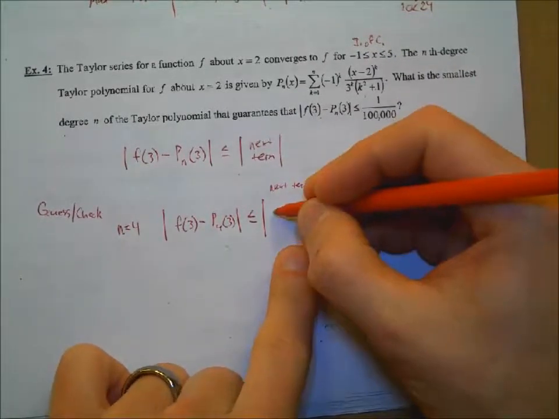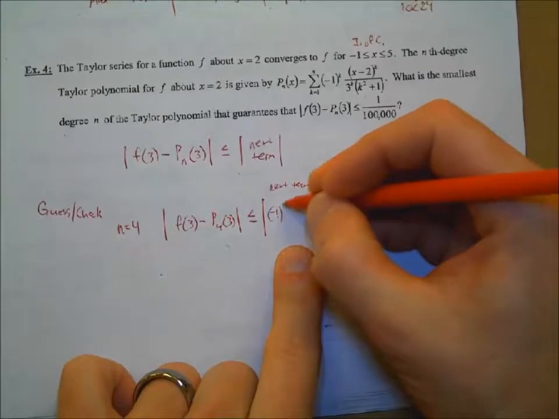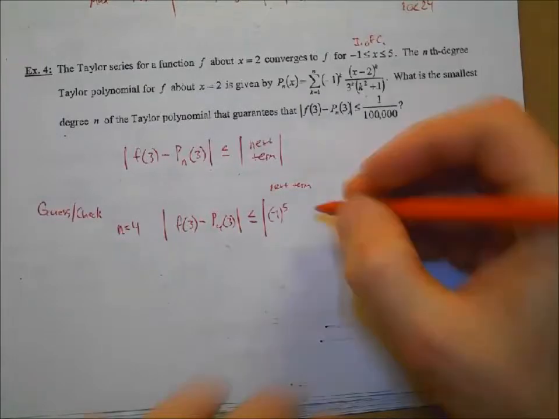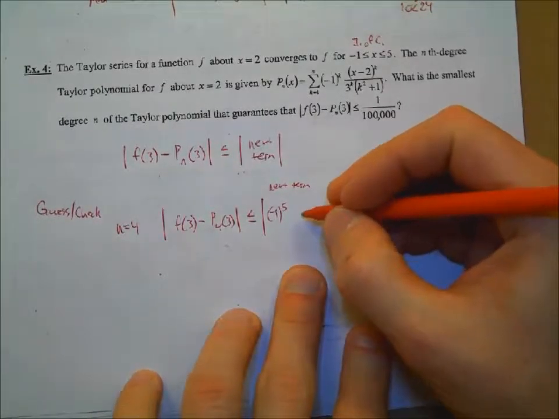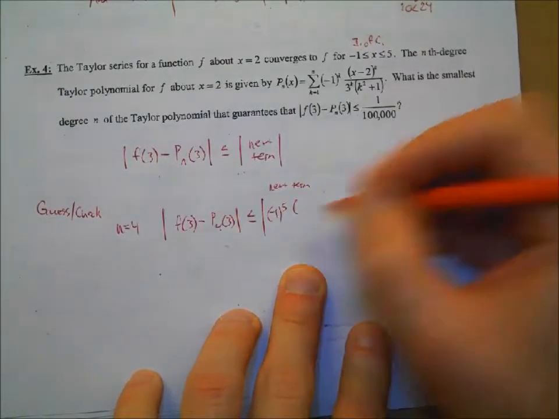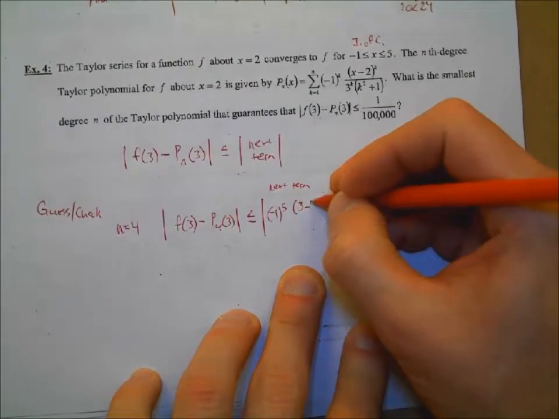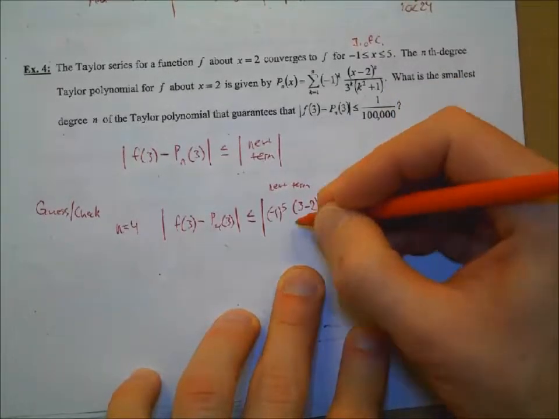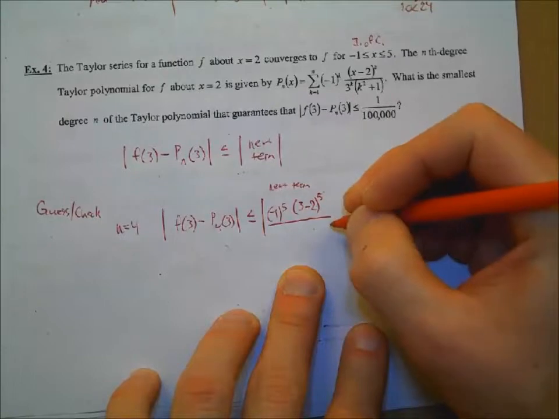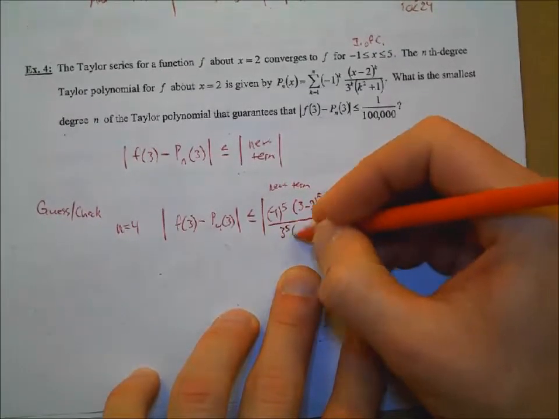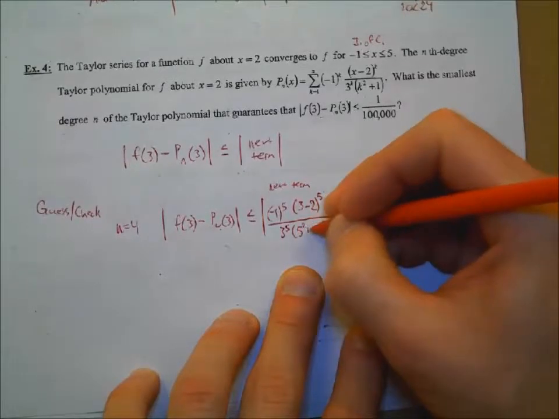So it'll be -1 to the 5th. It's not really necessary for me to put that -1 to the 5th in there because it is in the absolute value, but I'm just going to put it in for completion's sake. In for the x, what should we put in for x? 3, right, because we're evaluating this at 3. And then the k value is going to be 5 here: 3 to the 5 times 5 squared plus 1.